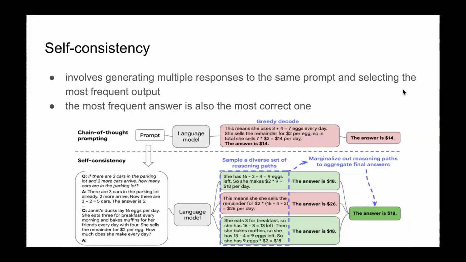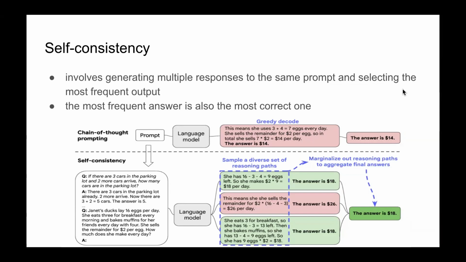So a little bit about self-consistency as well. This is also a prompting technique, and it involves generating multiple responses to the same prompt and selecting the most frequent output. The assumption here is the most frequent answer is also the most correct one. So when you prompt a large language model 5 times, you might get 2 different answers.